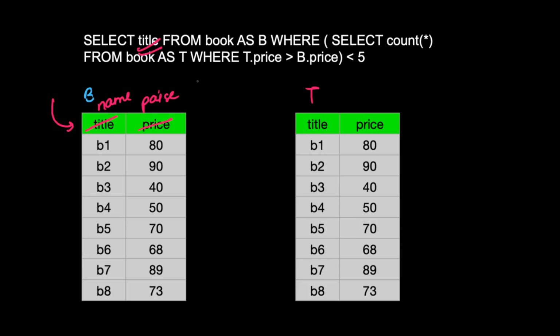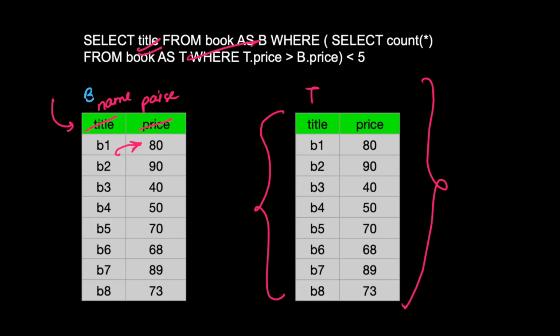Now what this query is trying to do is simply take this data, 80, and match how many students in your class have money greater than you. This is what we are calculating. Yes or no? Yes, this is what we were calculating.